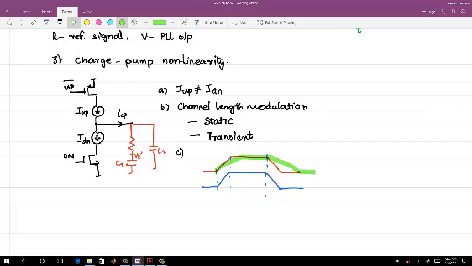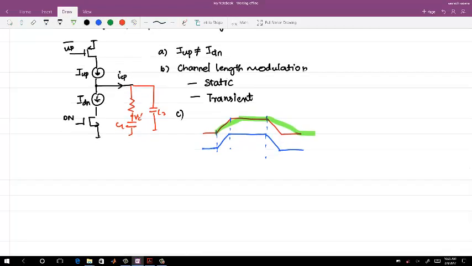Rise time and fall time may differ. Because of the difference in the up and down current pumped into the loop filter, you may have something like this every reference. It can happen. So this part is coming because of the transient difference, and the other part is coming because of the static.